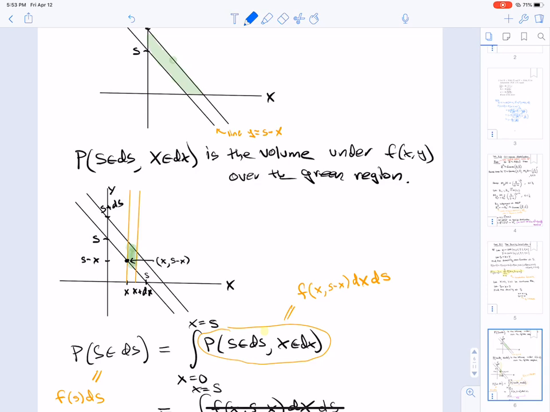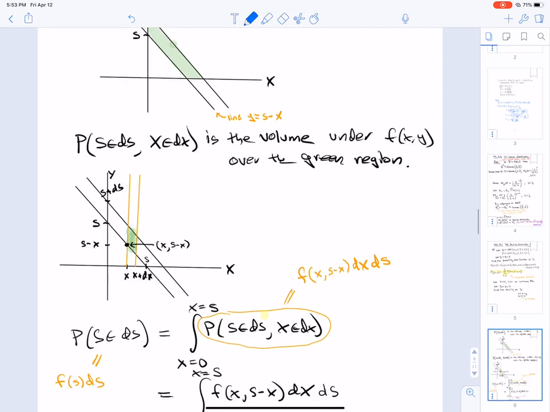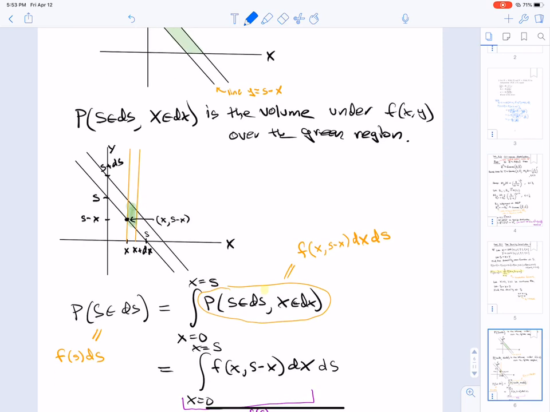So the probability that s is in ds then is the integral. We're going to add up all these little green parallelepipeds as x runs from 0 to s.